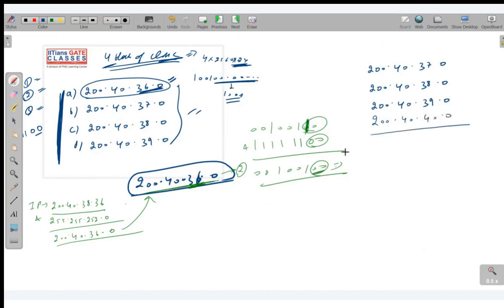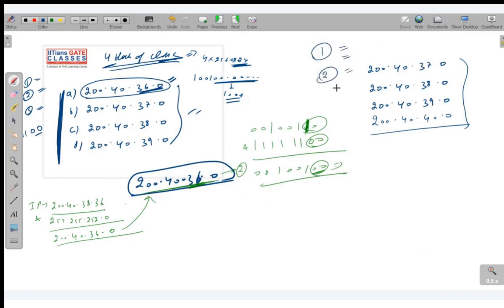If you take these four blocks, is supernetting possible? First condition, the number of blocks must be a power of 2. Second condition, contiguous. Okay, we have done it.